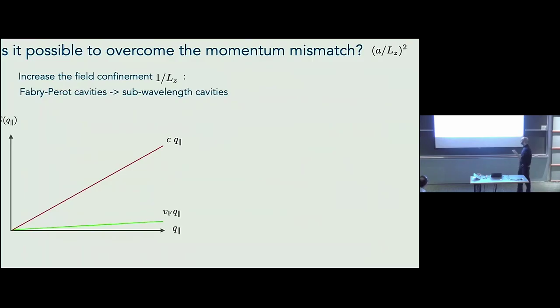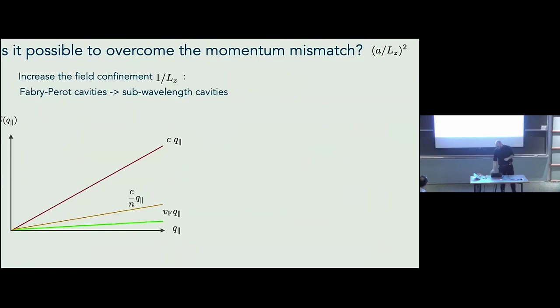But actually, you can go to sub-wavelength cavities. I will show you what they are. Basically, it's like you put your photon in a medium which has a finite big refractive index, and then you get to slow down light, and once this light is very slow, it can interact with electrons.